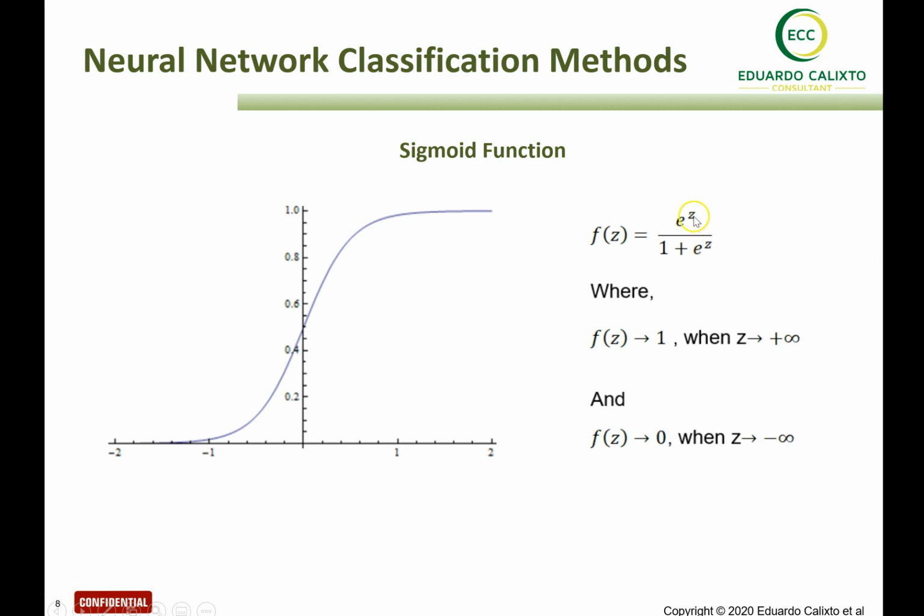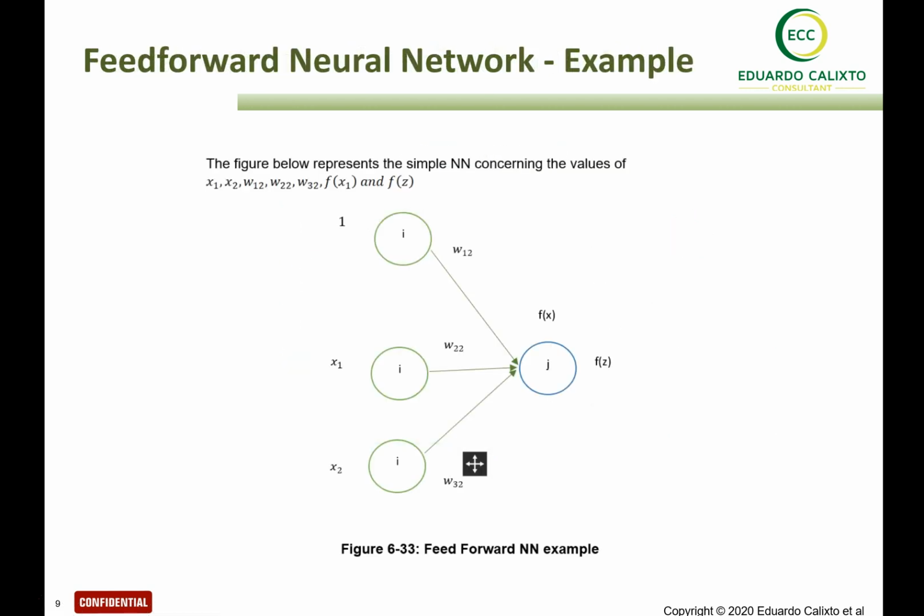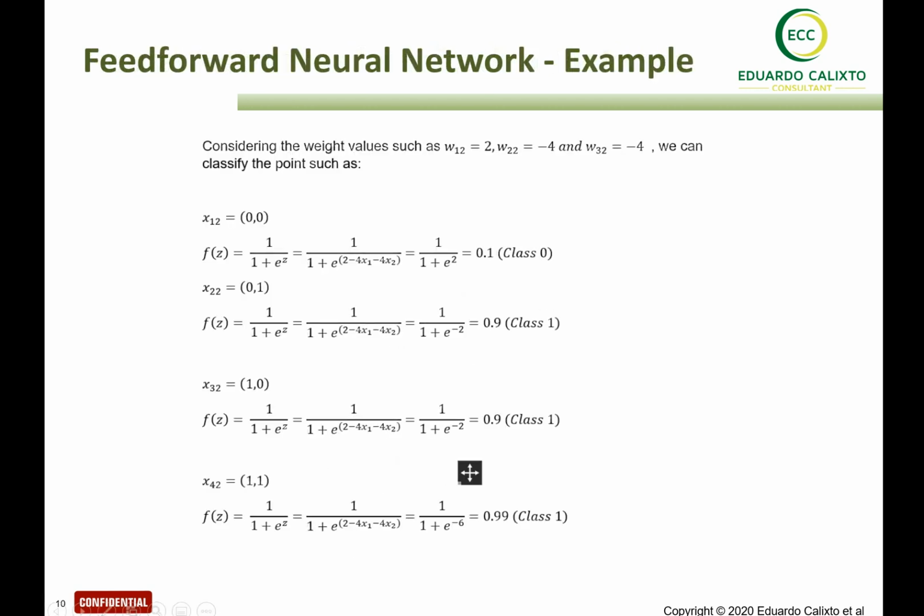When I apply fx here, I will get values close to 1 and 0, and those are my two classes. So 0 I can define as, for example, not critical, and 1 as high, very critical, or 0 as moderate and 1 as high in terms of alarm of degradation.